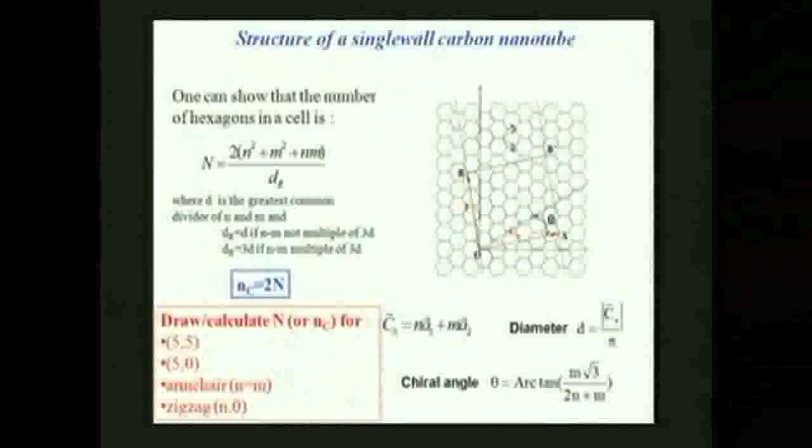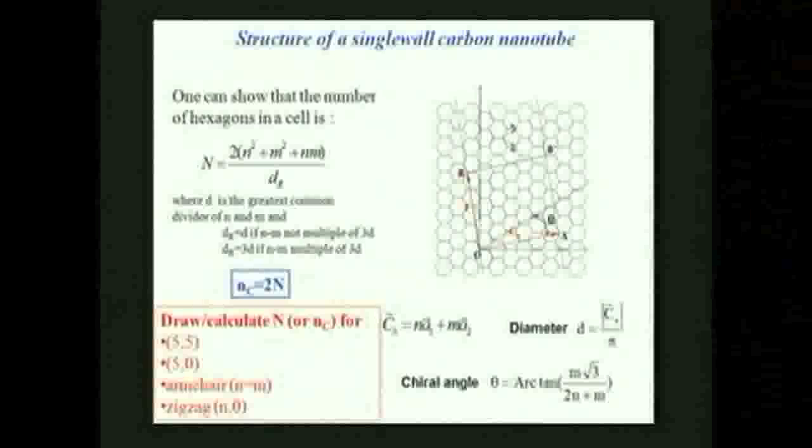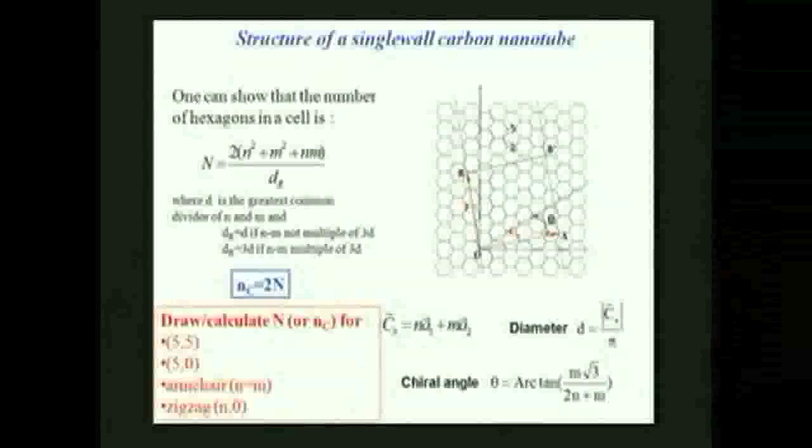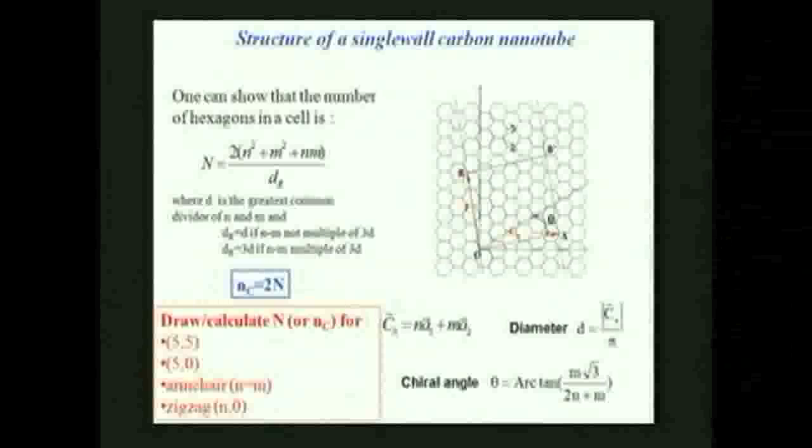Their image in a mirror doesn't superpose to the object. So we will make an exercise on these 4 special cases. One particular example of armchair, the (5,5) nanotubes. One particular example of zigzag, (5,0) nanotubes. And then we will extend the result to all the armchairs and all the zigzags.